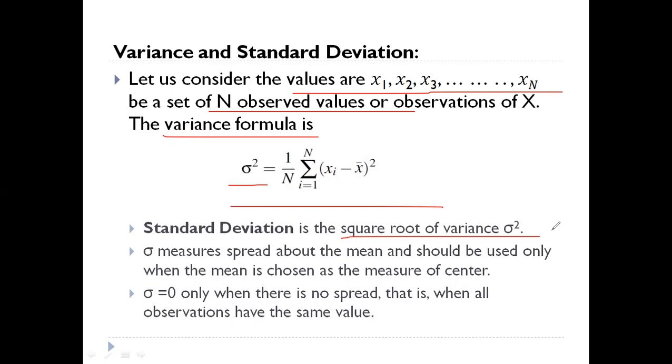Here x bar means the mean value, and you substitute all the values within this formula to get the variance sigma square. After calculating sigma square, we go for the calculation of the standard deviation, which is just the square root of sigma square. All right, and this is the second one.